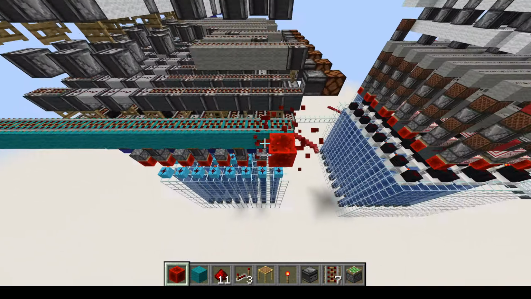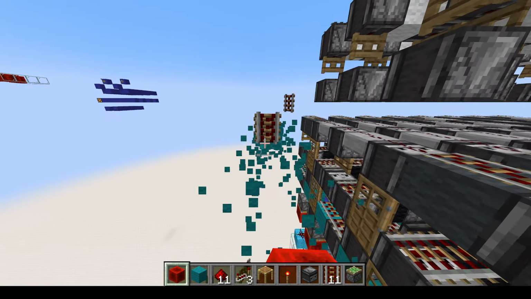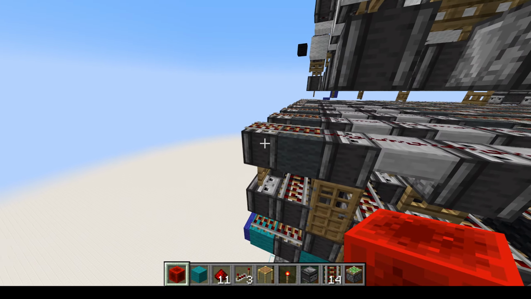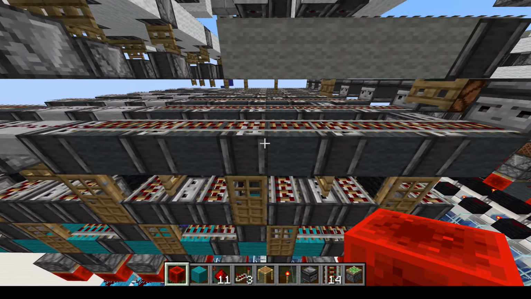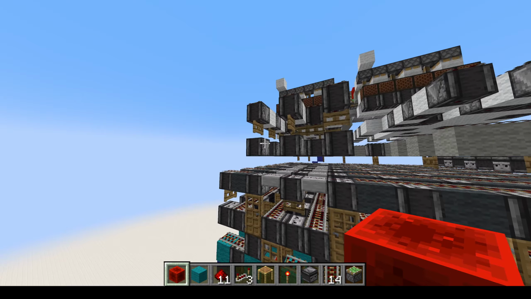So let's just look at this one example here. We have this line here. It goes all the way across, and it's being powered by these 3 observers.